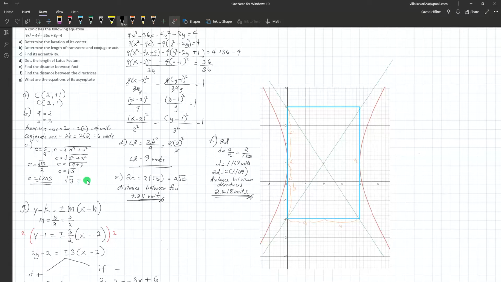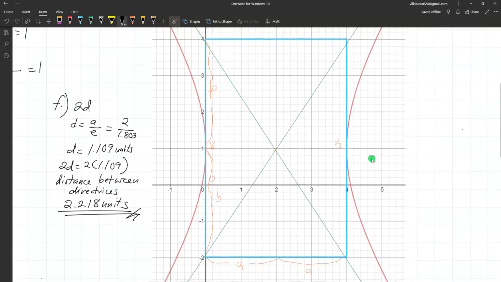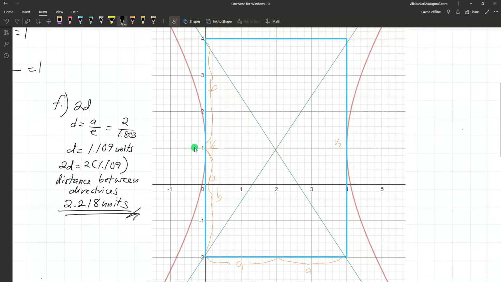That would be here. From the center, we count 1, 2, 3.6. Let's say it's right here, and from the center, 1, 2, 3, let's say right there.